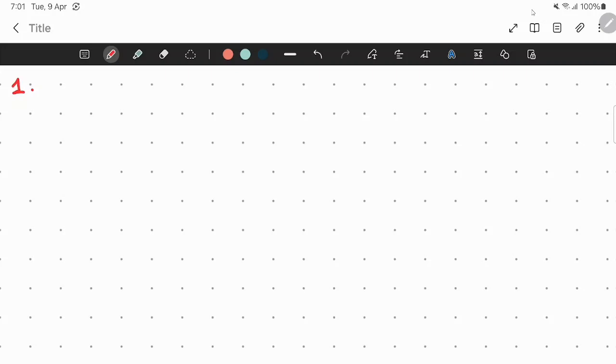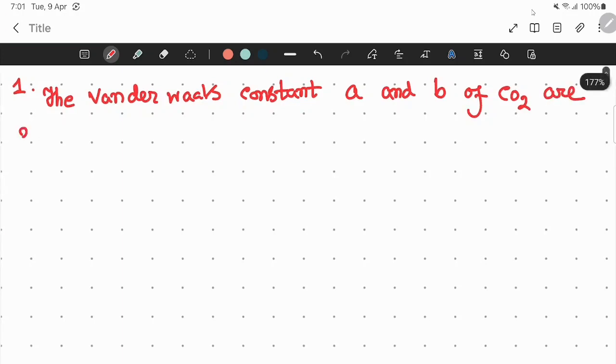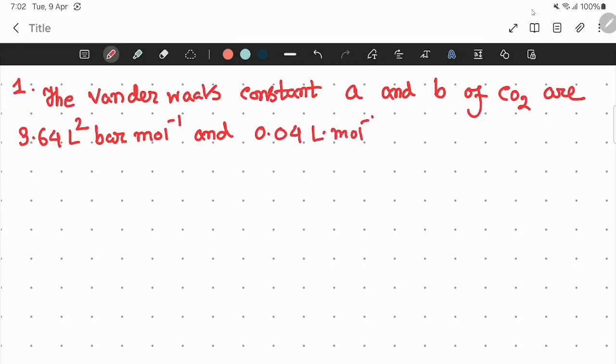So the van der Waals constants A and B of CO2 are 3.64 liter square bar mole inverse and 0.04 liter mole inverse respectively.